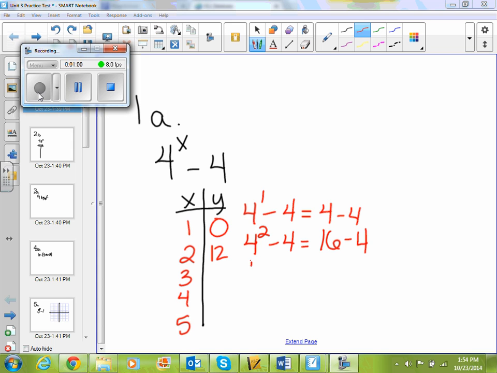Then if I keep going, 4 to the third minus 4. 4 to the third is 64. 64 minus 4 is 60. And then if you do the same thing for 4 and for 5, you should get 252 and 1020.